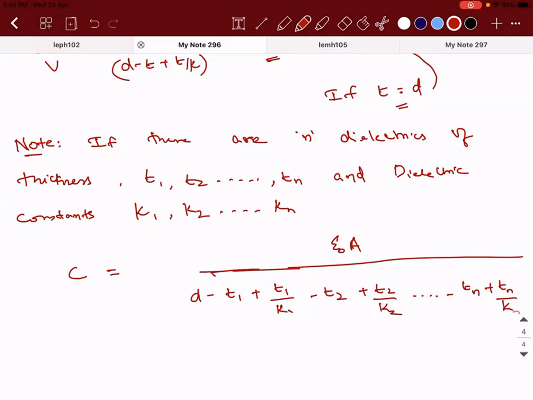Clear? Based on this, can we try out one problem from the textbook? Let me know if you guys are done. Is everyone done?